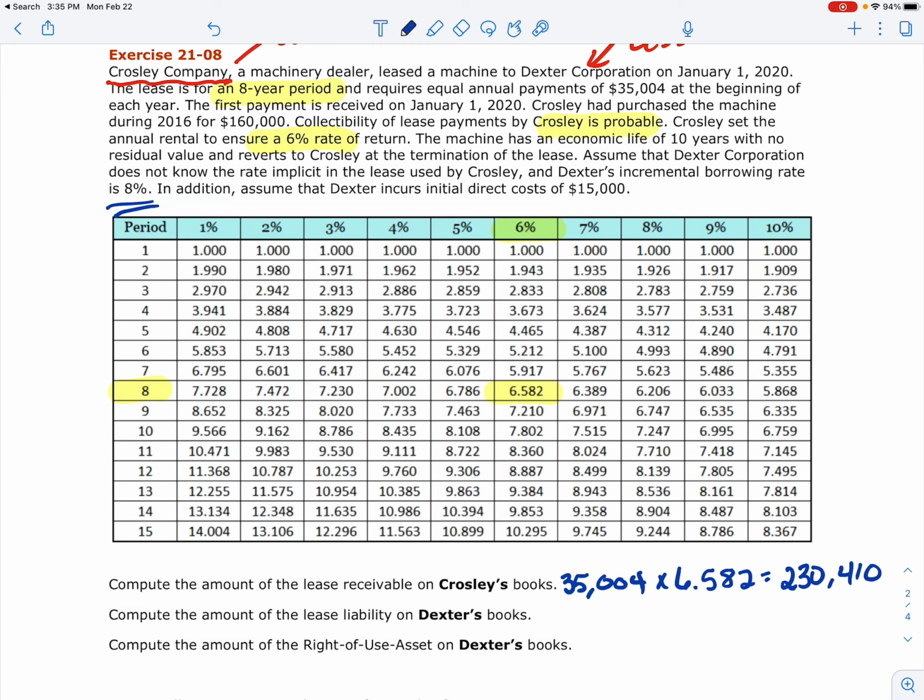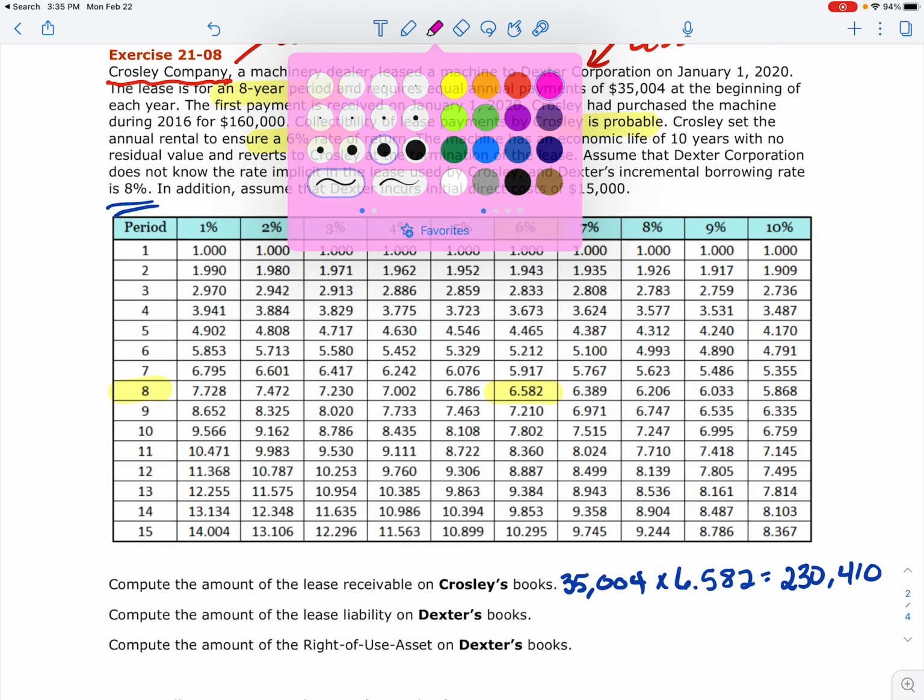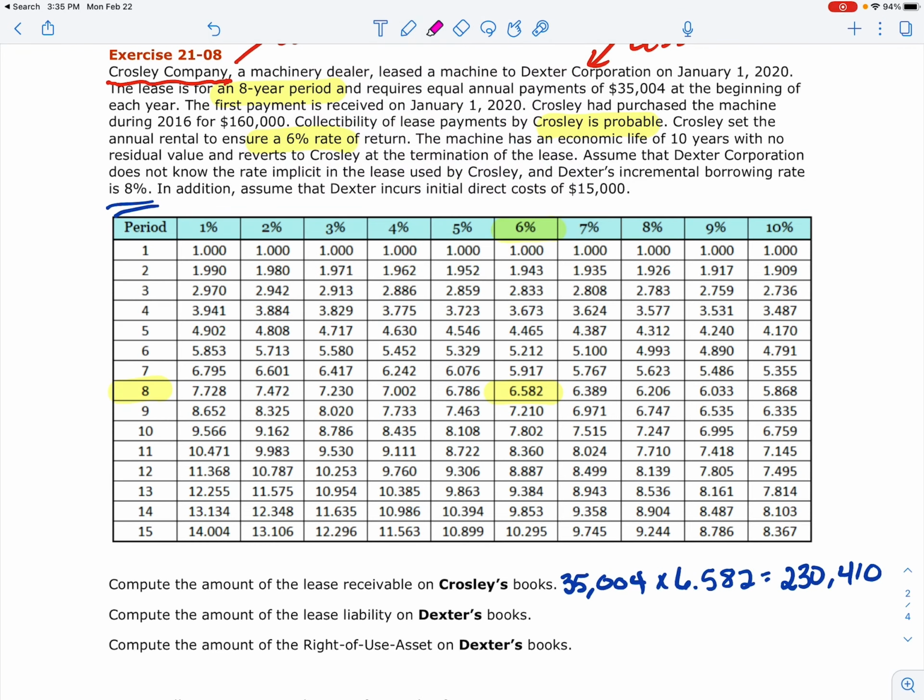We're still looking at those 8 years, but now we're looking at 8%. So they're going to be recording a different borrowing rate, which is going to give us a different liability.